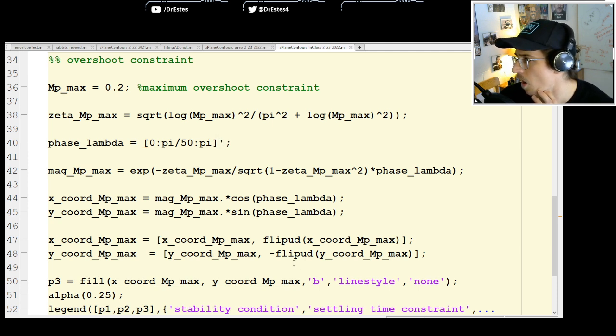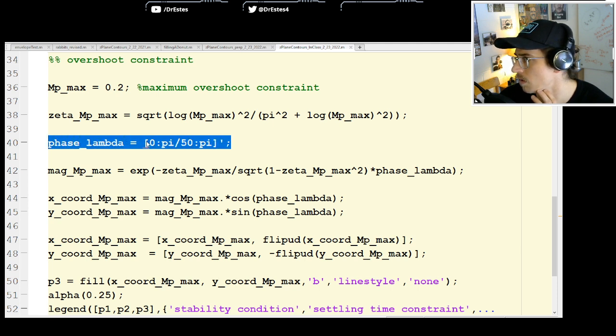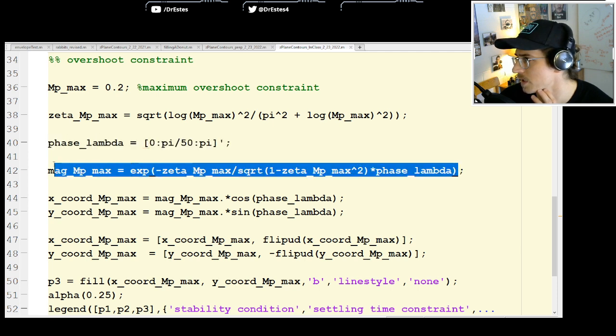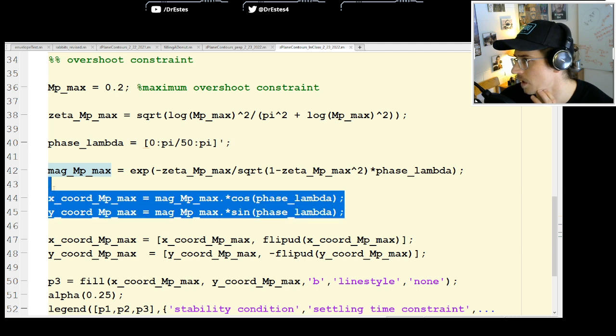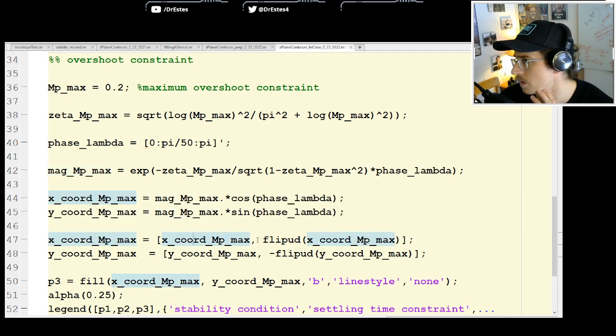Okay, what's probably happening? Oh wait. This is a column. So we start with this column vector. This makes a column vector. This makes a column vector. I think we need to make this into a big column.